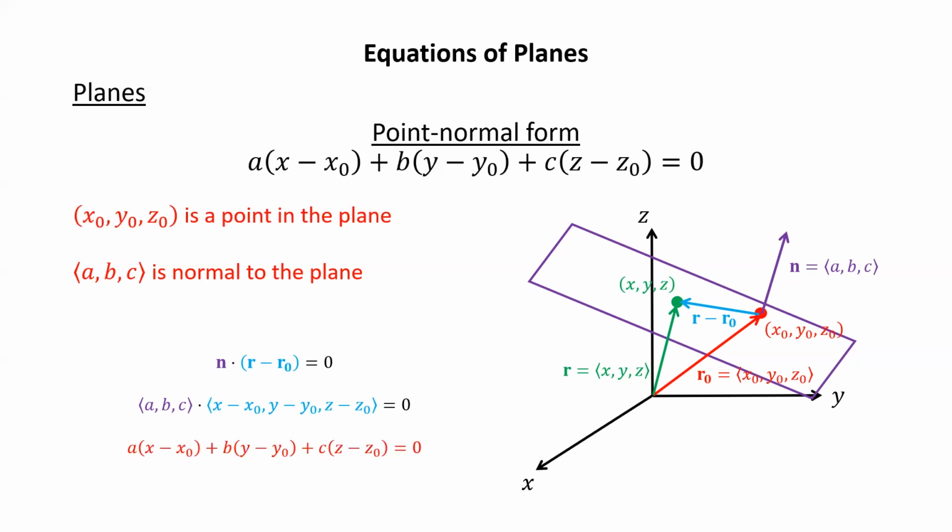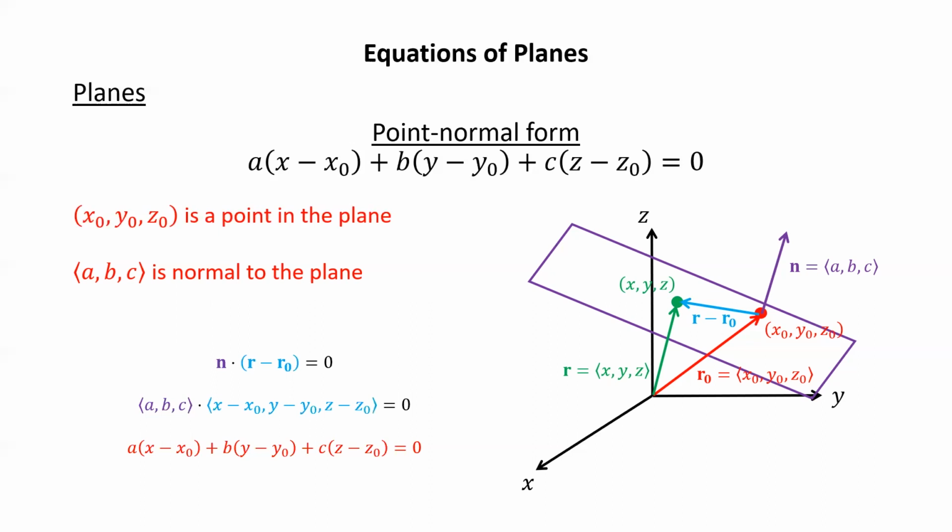Now, if we just go ahead and take that dot product, we get a times x minus x0 plus b times y minus y0 plus c times z minus z0 is equal to 0. This is precisely the point normal form of the equation of the plane. Notice that I started with an arbitrary x, y, z in the plane, and we saw that this equation is satisfied.